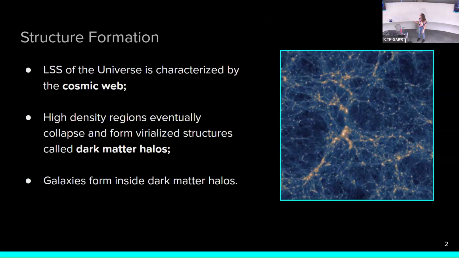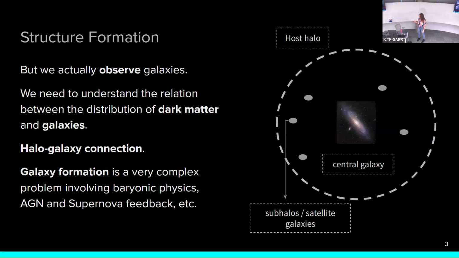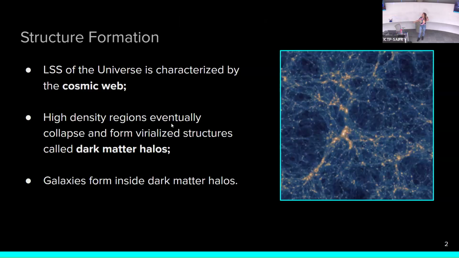The regions with higher density may eventually collapse to form dark matter halos, which are gravitationally stable structures, and eventually galaxies may form inside these dark matter halos. I'm saying all of this to give the big picture of where this work fits in.